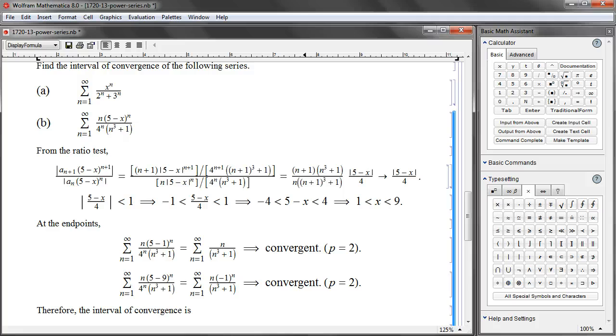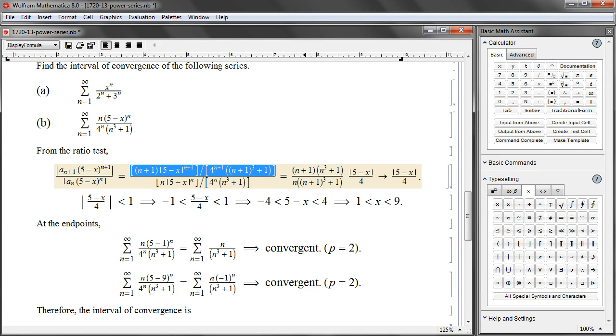Okay, let's apply the ratio test again. The general term goes to the denominator, and the numerator is occupied by the n plus first term, obtained by replacing all the n's by n plus 1.